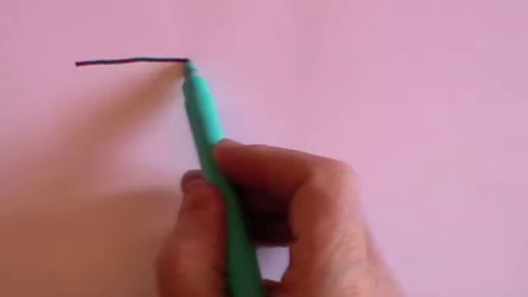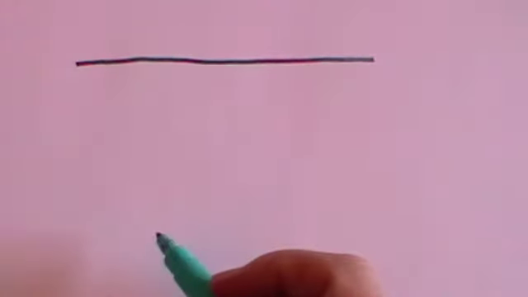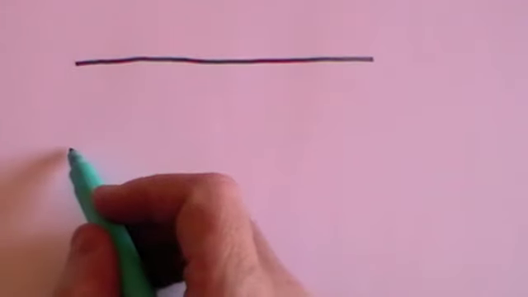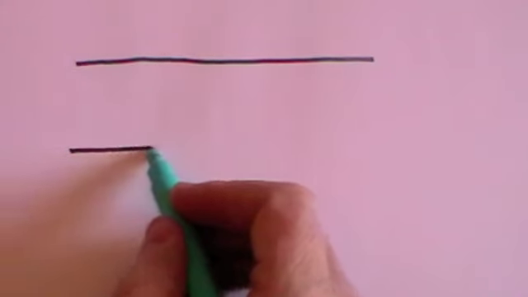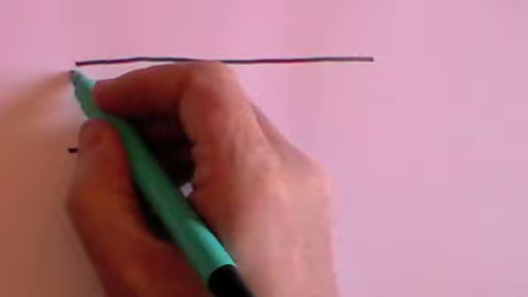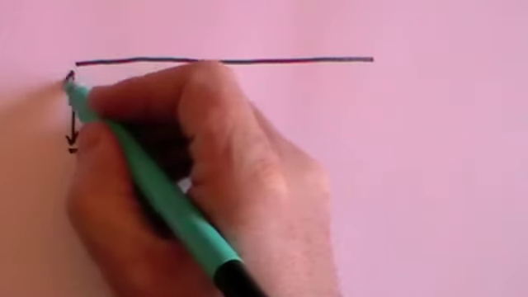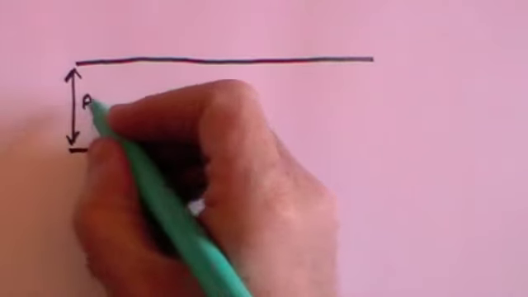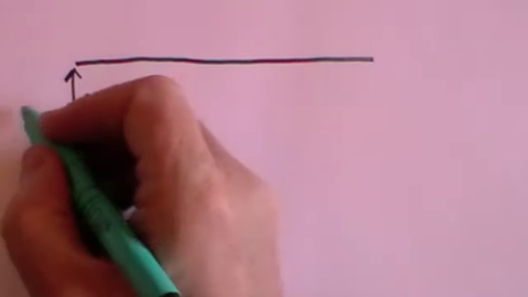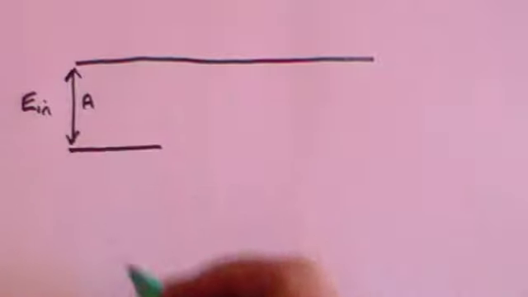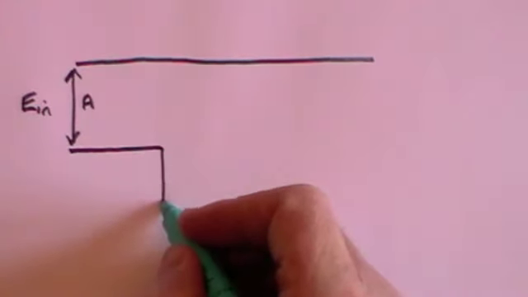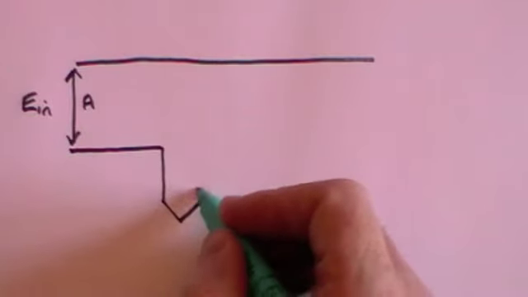Sankey diagrams are, as it were, scale diagrams to show how much energy is useful and how much energy is wasted. And the way you draw the Sankey diagram is you draw an input which has a certain width. And you normally would draw this on graph paper. Let's say that the width is A centimetres, and that's the total energy in. And then you have your first useless energy out.